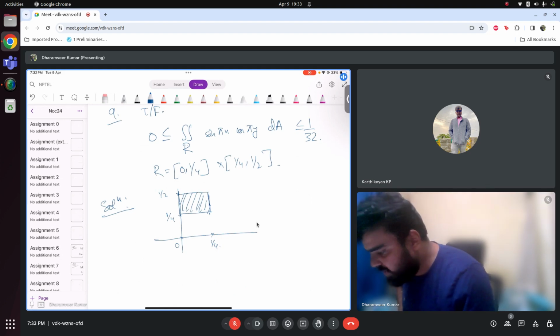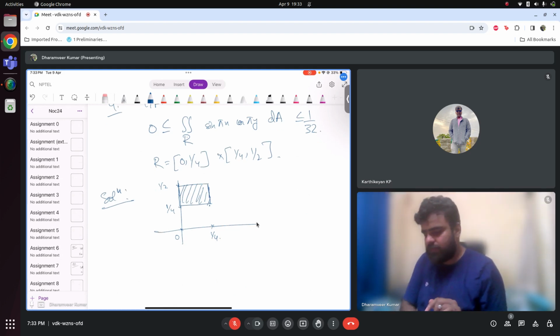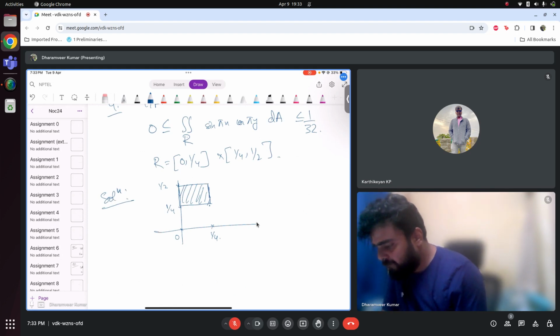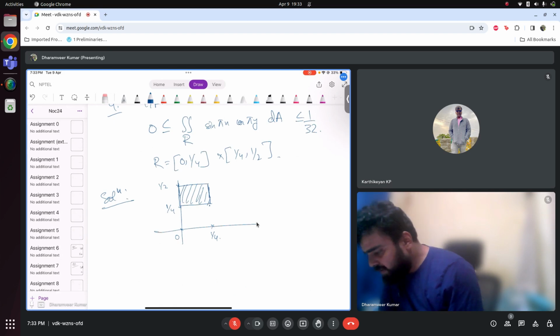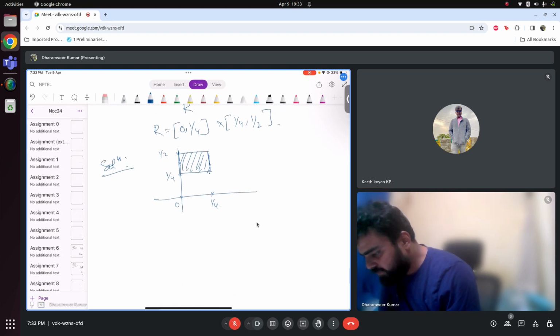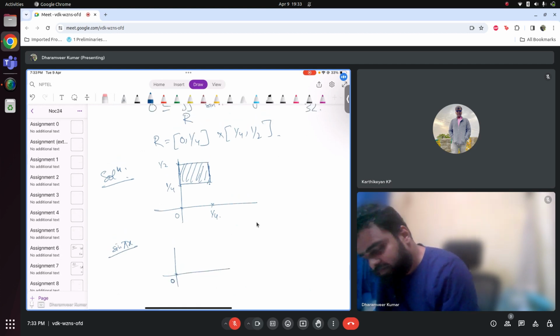So without solving first, let's try to do this without solving first. Okay. So I want to draw one function. Let's draw sine pi x in this region. What is it?